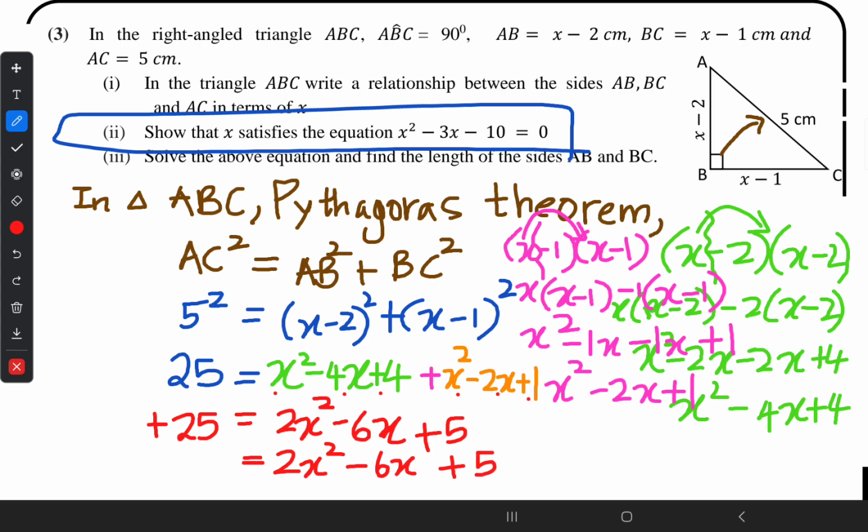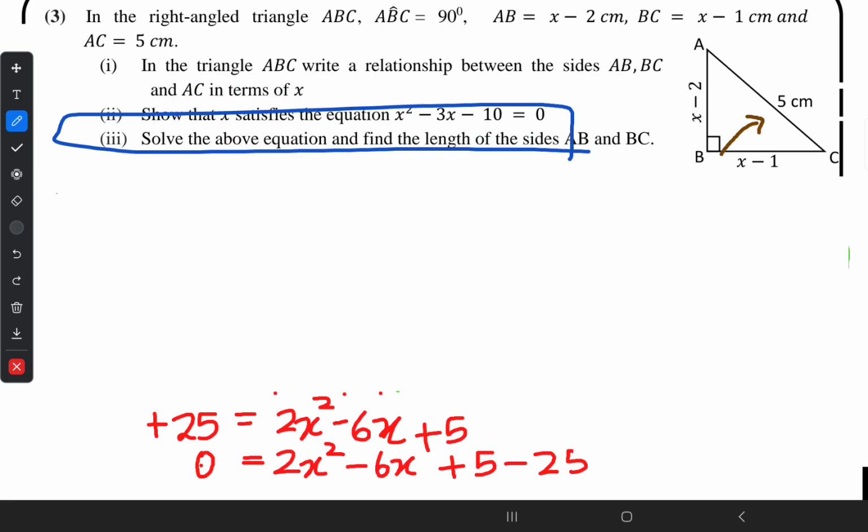When you bring this positive 25 to the other side, it becomes negative 25, that equals 0. Then 2x square minus 6x, and plus 5 minus 25 will become negative 20.